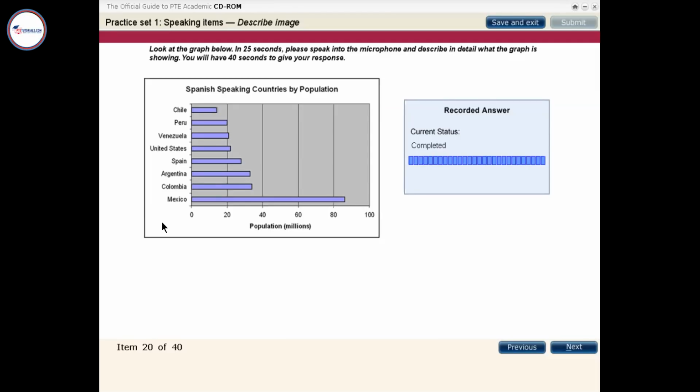On y-axis, we have various countries like Venezuela, Peru, Chile, Argentina, Spain, United States, etc. I can see from the graph that Peru is having 20 million population that speaks Spanish, whereas Venezuela and United States are having a little over 20 million population. On the other end, Spain, Argentina, and Colombia have Spanish-speaking population that is in between 20 and 40 million. Overall, I can see that Mexico is having the largest number of Spanish-speaking population, that is above 80, and Chile falls far below 20.